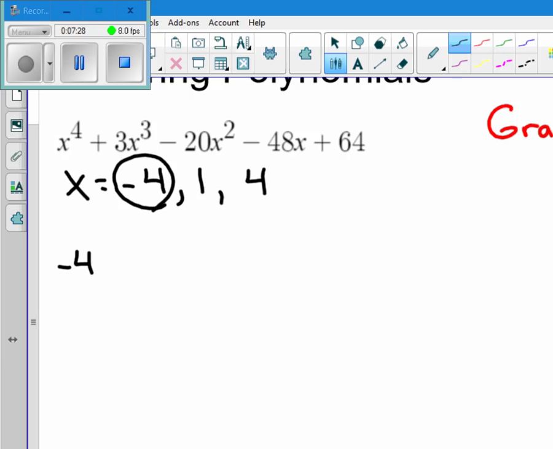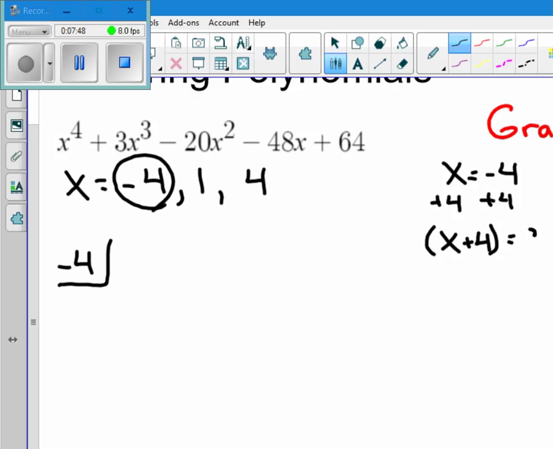If x equals -4 is my root, I set this whole thing equal to 0, so I add 4 to both sides, I get x plus 4 equals 0. This x plus 4, as long as I get a 0 remainder, is going to be one of my factors.